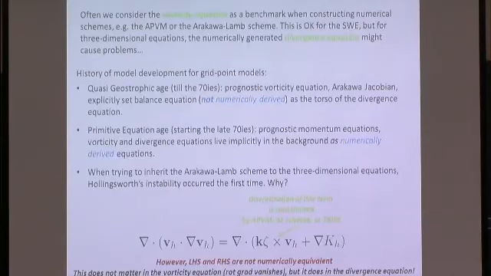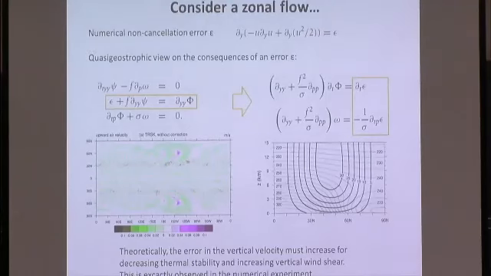The point I want to make is, if you do not make sure that the momentum advection in this form is the same as the momentum advection in the vector invariant form, then you can run into problems. And this was first observed by Hollingsworth et al. in 1983.